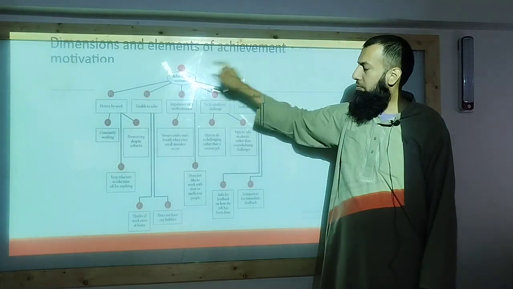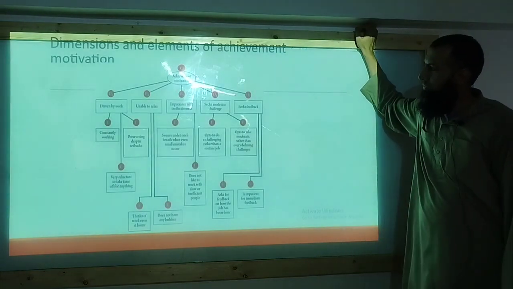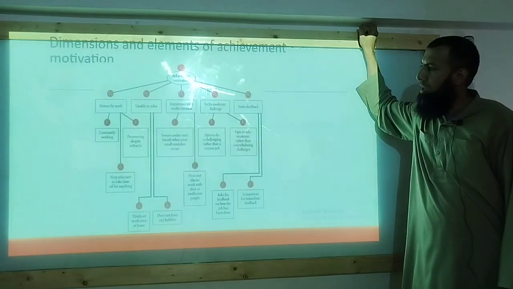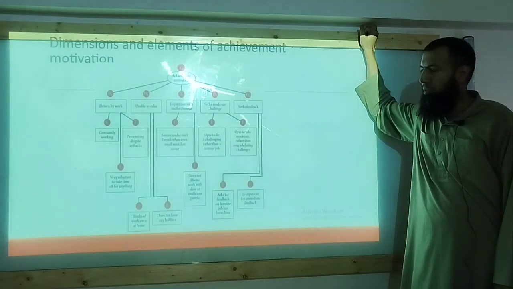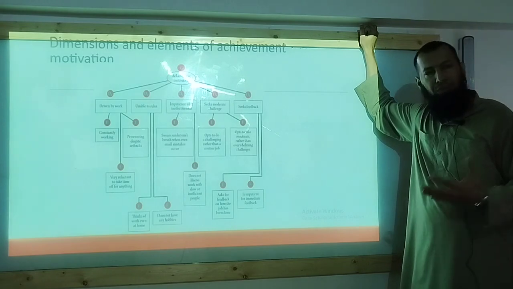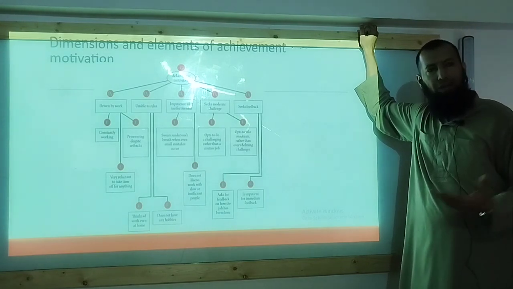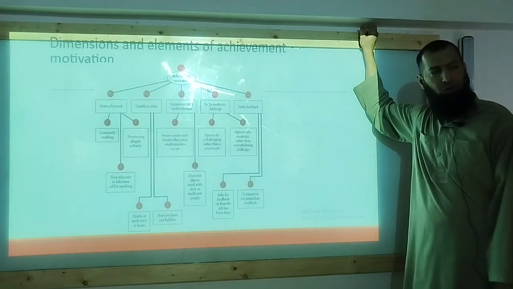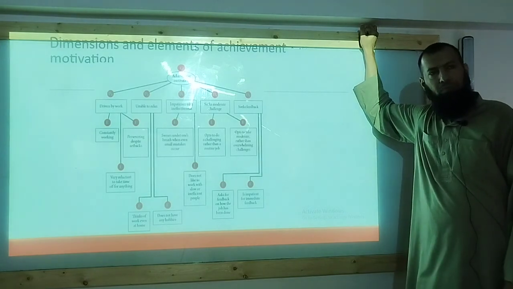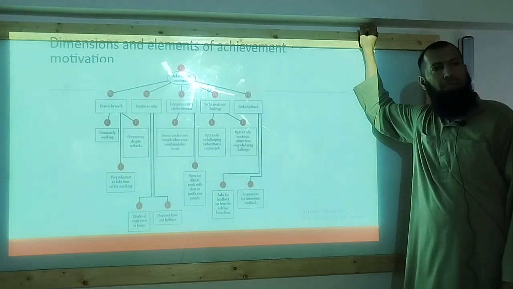So when you define the subjective variable, there may be dimensions which you need to take care of. Then every dimension may have multiple elements, and every element may have multiple items. So this is a chain of concepts.